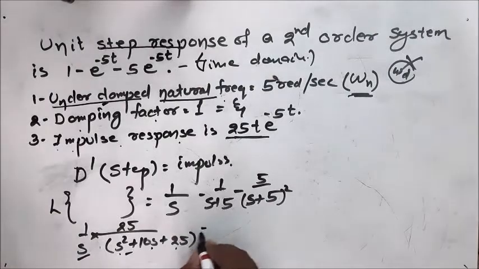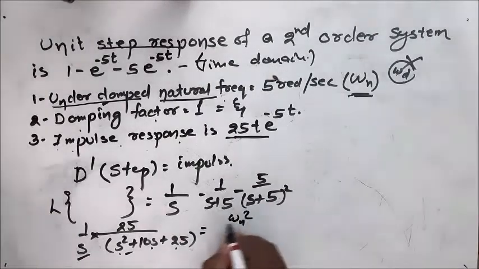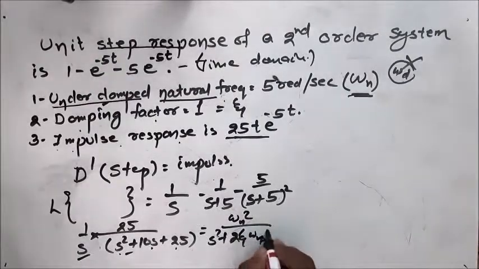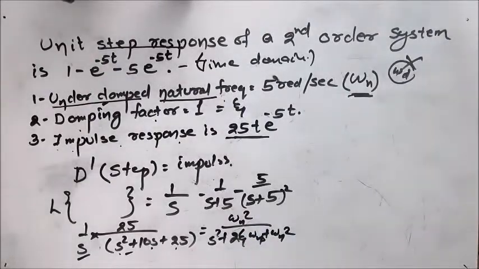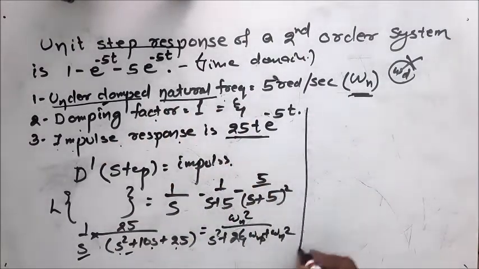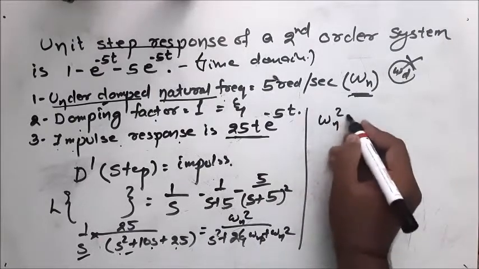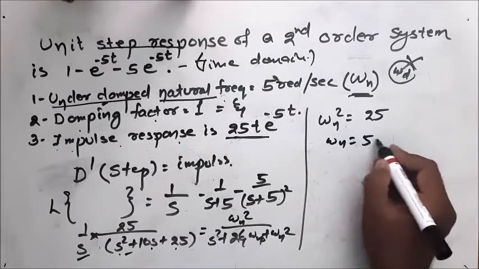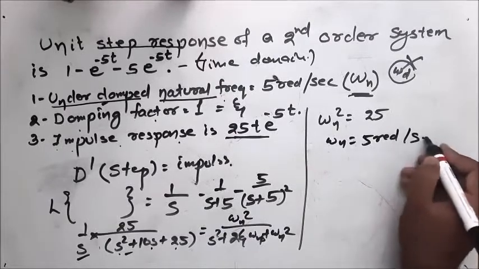This can be compared with omega n square divided by s square plus 2 zeta omega n s plus omega n square. This is very clear. From this equation we can find the natural frequency. Here omega n square is equal to 25, so omega n is equal to 5 radian per second.